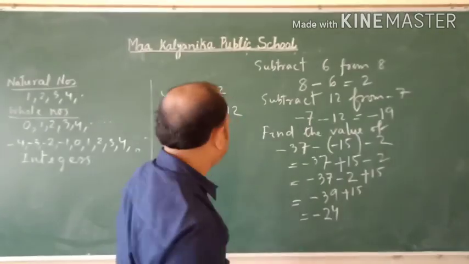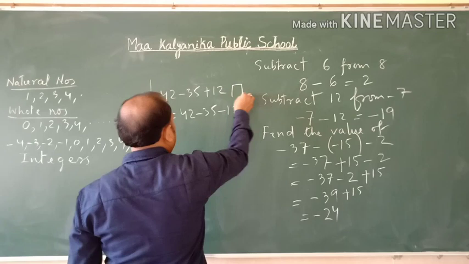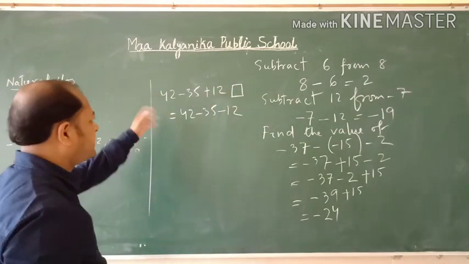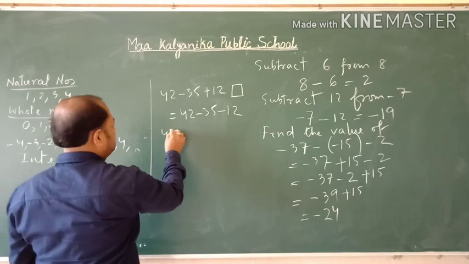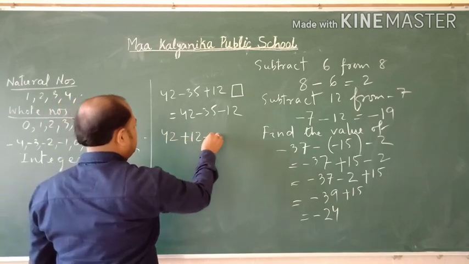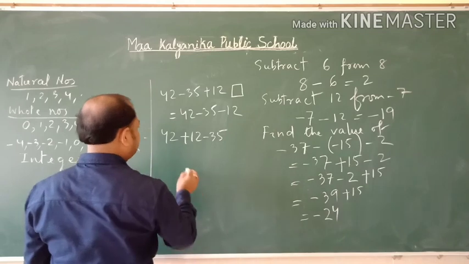Which sign will be in between these two? Let's find out. 42 plus 12, make it in one place: 42 plus 12 minus 35.